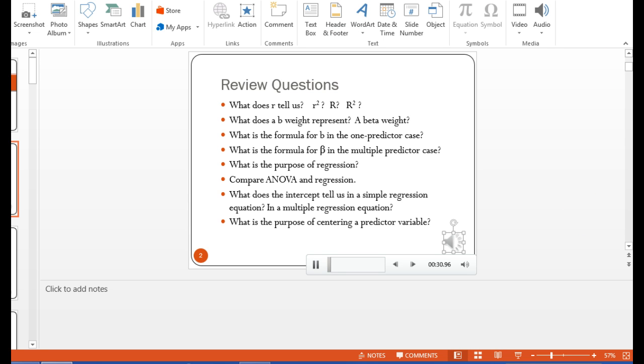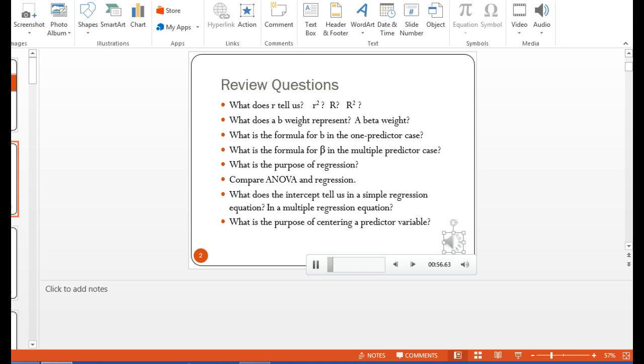Recall that the absolute value tells us the strength of the relationship, and then the sign tells us the direction. If we square that number, we get the r squared, little r squared, which is an effect size, and it gives us the proportion of variance that is explained in y by x and vice versa.